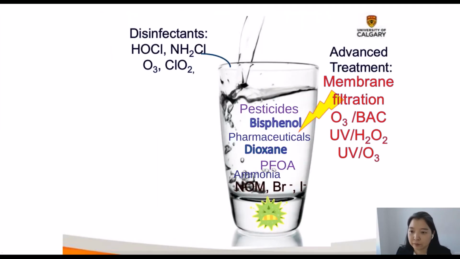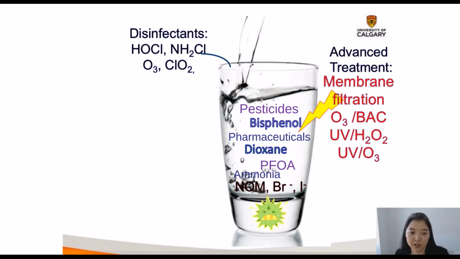Now if we have these wastewater-impacted waters that are less pristine than before and contain more human-made contaminants, and we apply disinfectants as well as advanced treatments, if it's waters that we want to treat for potable reuse, this can produce a plethora of other chemicals.